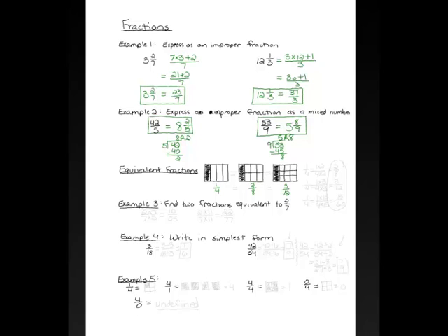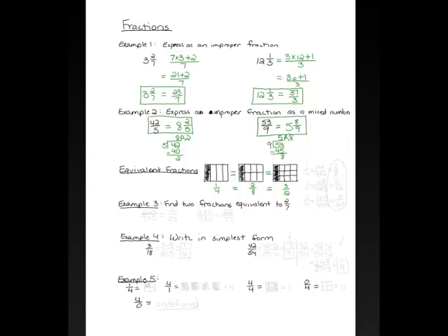So the shaded region is the same for all 3 of these diagrams, which means that the corresponding fractions, 1/4 is equal to 2/8 is equal to 3/12. These all represent the same number, the same value. All right, these are what we call equivalent fractions.